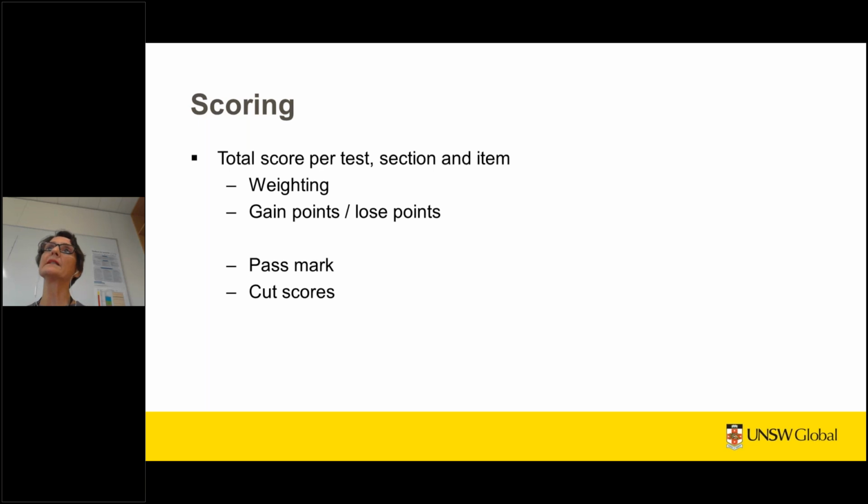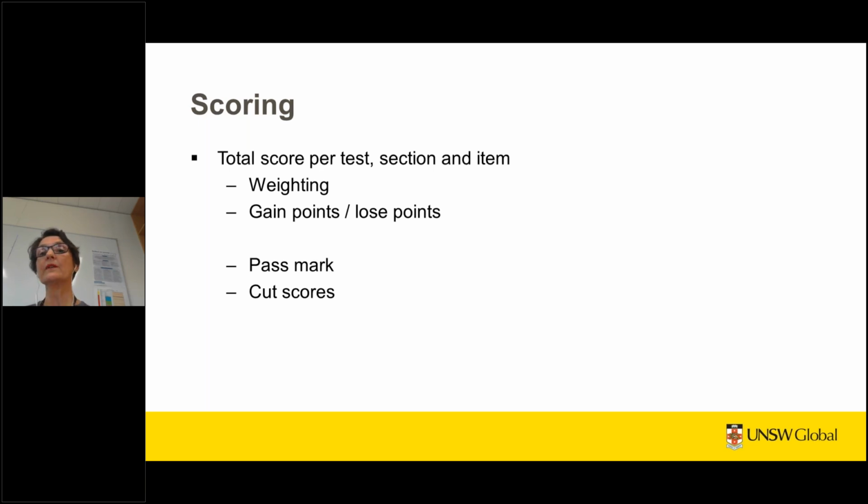Sometimes the easier items are weighted more lightly than the more difficult items. And are we going to have a situation where the test taker can only gain points, or maybe the test taker can lose points as well, depending on your item types?